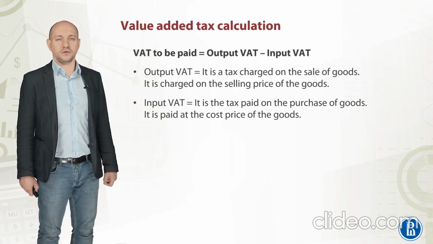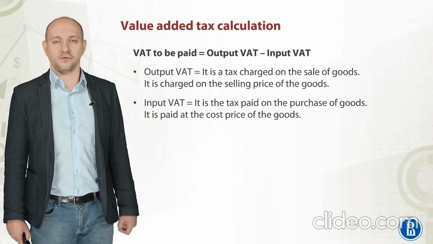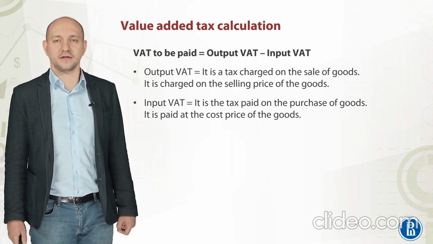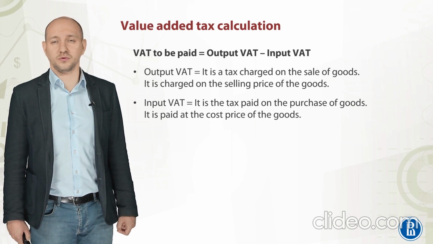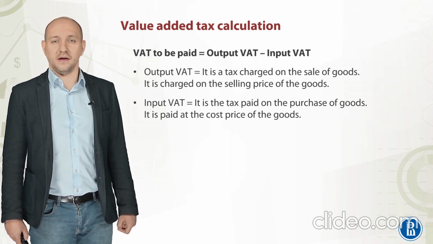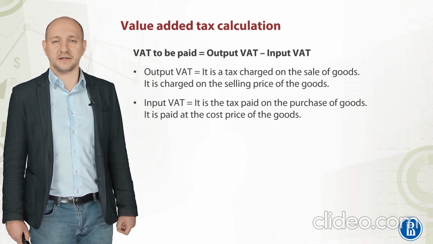So if you want to calculate value-added tax, you can use the following formula, which is the same for Russia and for other countries which use this tax system, value-added tax. Value-added tax to be paid is equal to output value-added tax minus input value-added tax, where output value-added tax is a tax charged on the sale of goods or services.